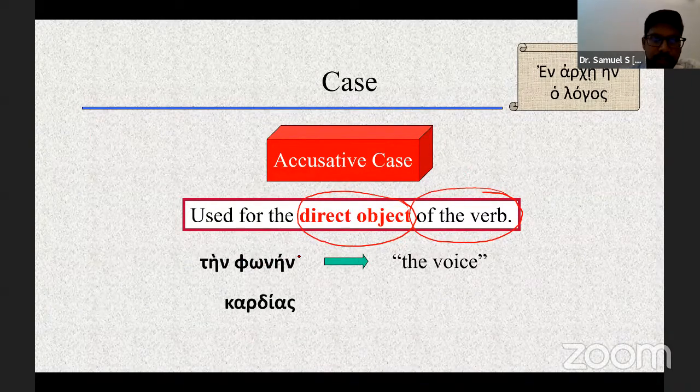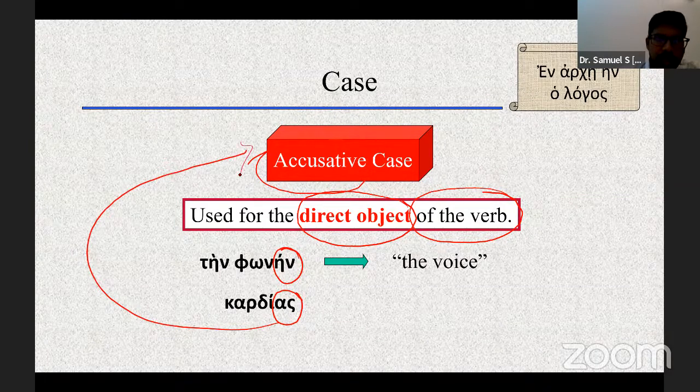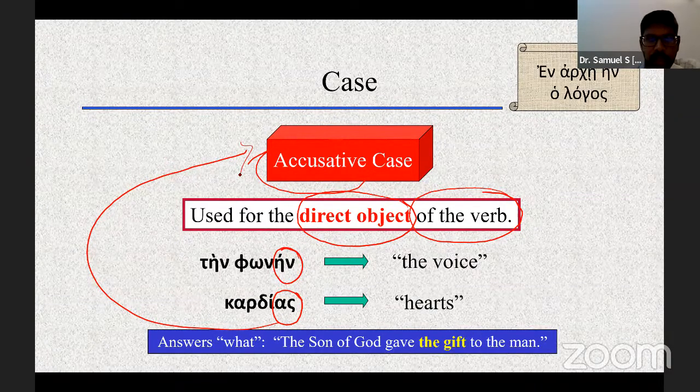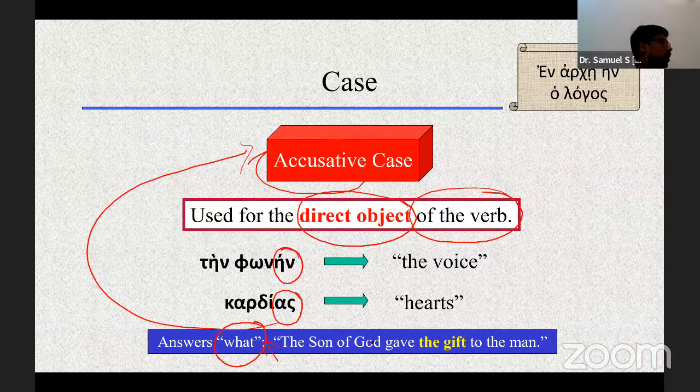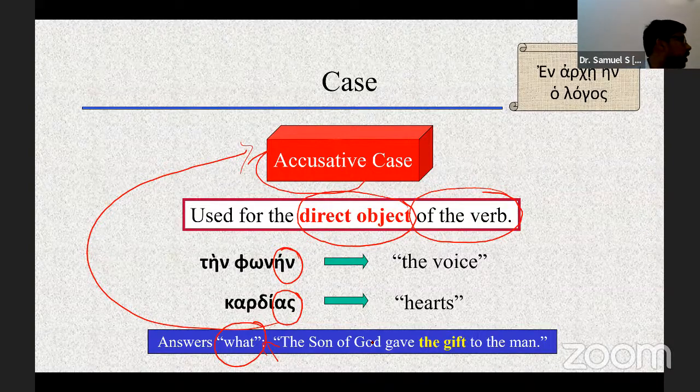Here, the ending is communicating that it is the accusative case. In the plural, the as ending is communicating that it is the accusative case. The accusative case answers the question: what? What did the Son of God give?